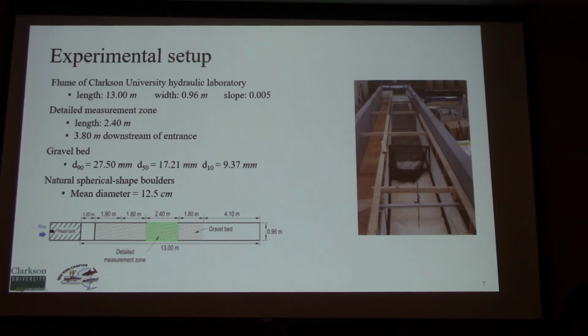Also, we used a gravel bed with D90 about 28 millimeters, D50 of about 17 millimeters, and D10 of about 9 millimeters. And as roughness elements, we used natural spherical shaped boulders with a mean diameter of 12.5 centimeters.